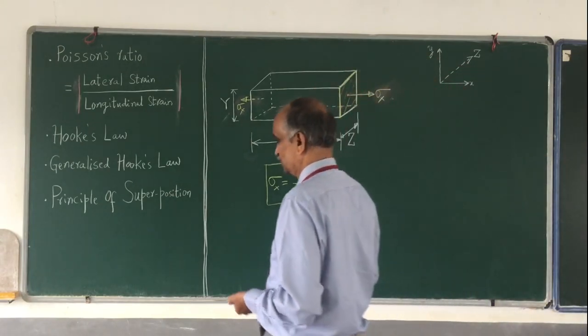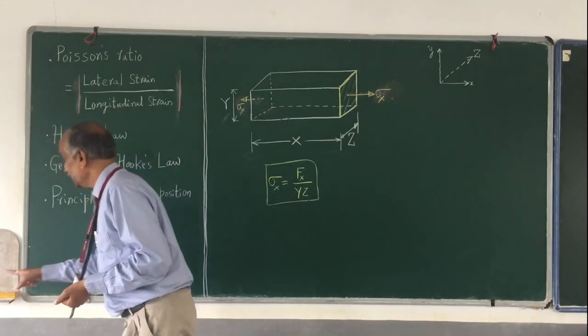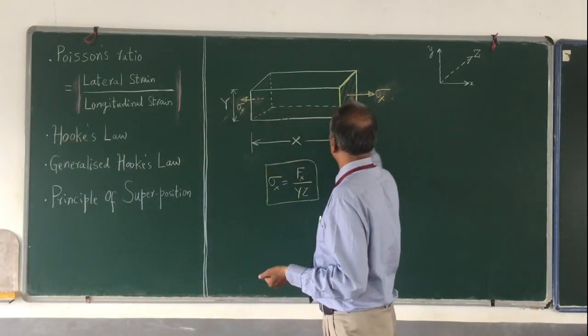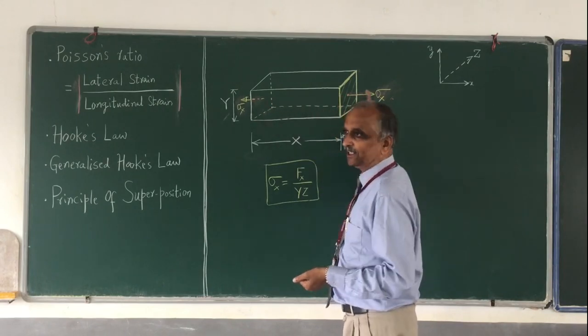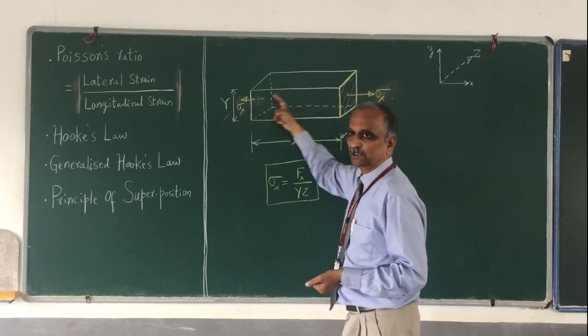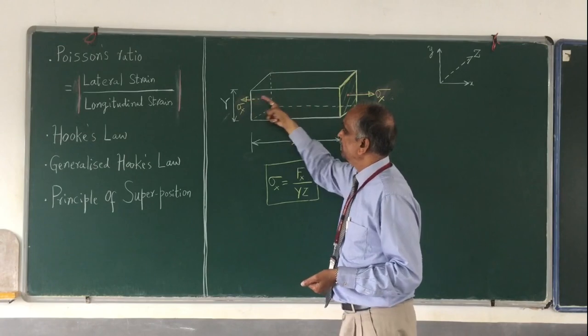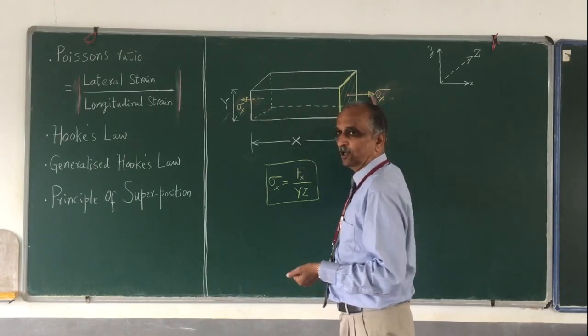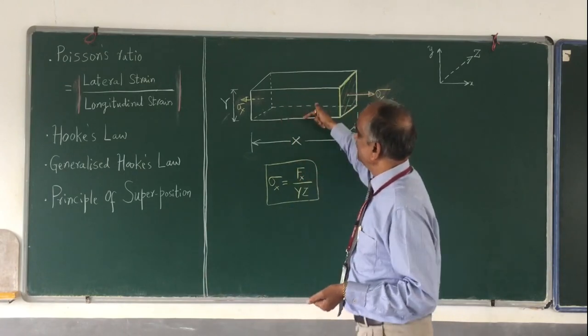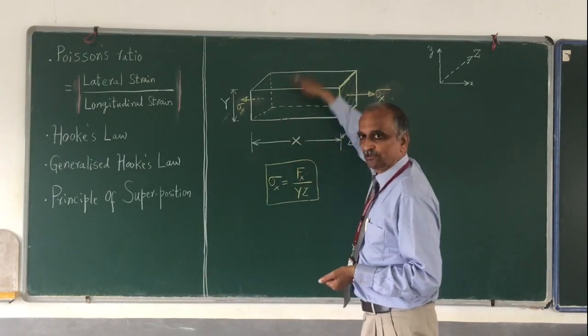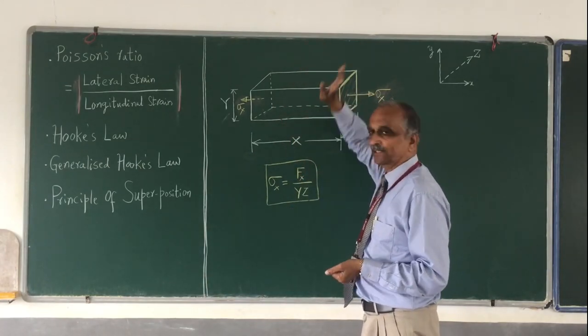Okay, so now any strain you calculate due to sigma x, the strain in the direction of this axis is what is called longitudinal. Any strain in the direction of the y-axis becomes lateral.